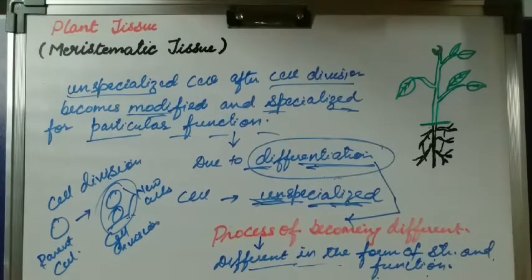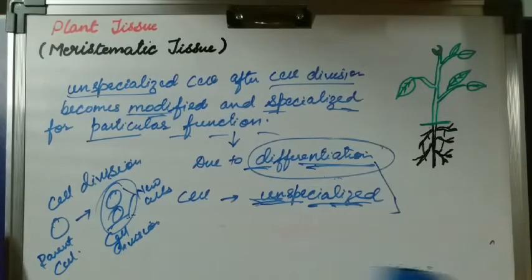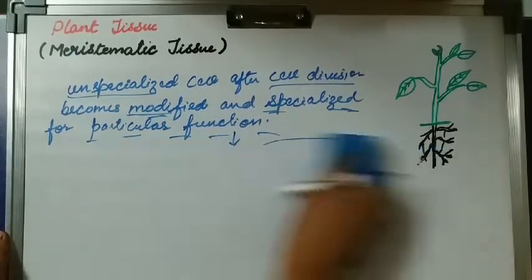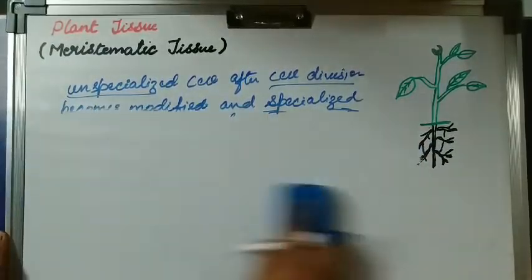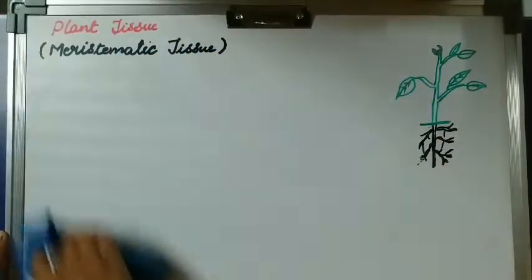It will become different from the rest of the cells, having a different structure from them and performing some different function from them. Or we can also say it like this, that it is a normal process by which less specialized cells develop or mature to become distinct or different in function, distinct in the form of structure and function.